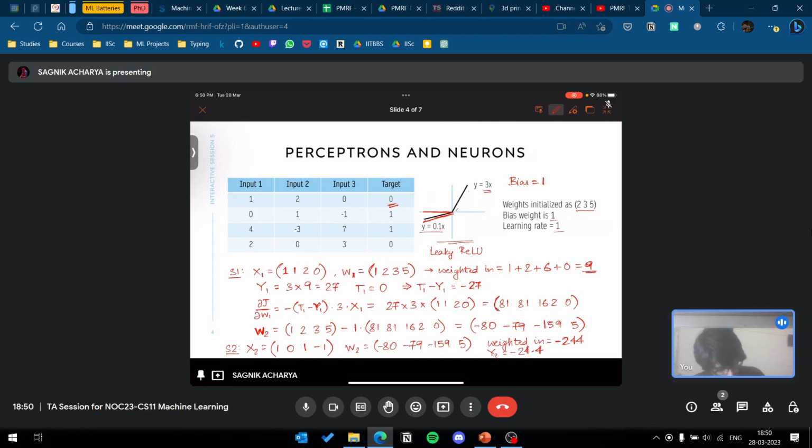And from here again, the target is 1, so you can calculate the difference. You can calculate this del j by del w2 again. So in place of x1, we'll put x2 here, which is 1 0 1 minus 1, and we'll continue with this process until we reach w4 or w5 basically.